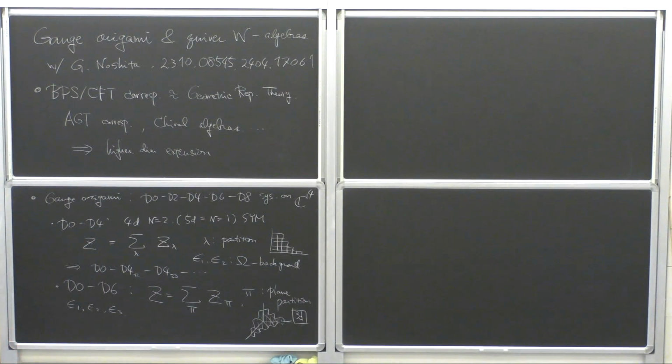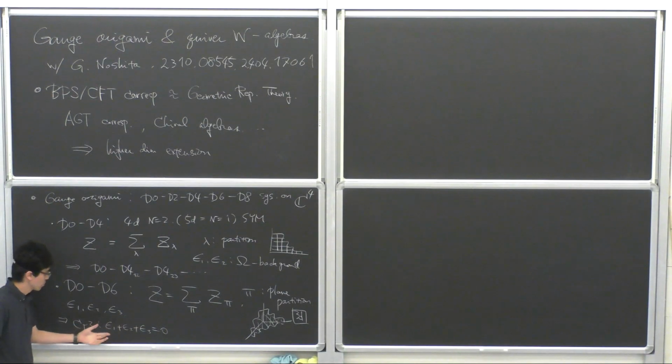But if you impose the Calabi-Yau 3 condition, that means epsilon 1 + epsilon 2 + epsilon 3 equals 0. So this is the Calabi-Yau condition. If you think about the topological vertex, we typically impose this condition.